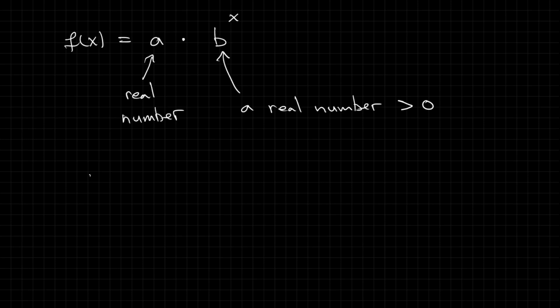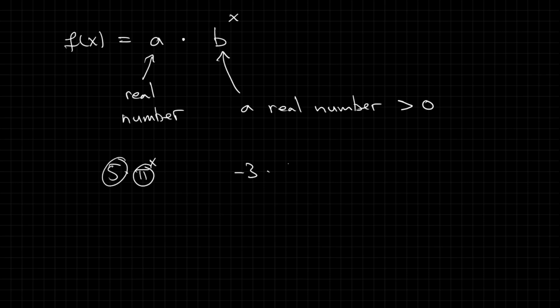For example, 5 times pi to the x power would be an exponential function. 5 is a real number, that would be the a, and pi is a real number which is bigger than 0, that would be the b.